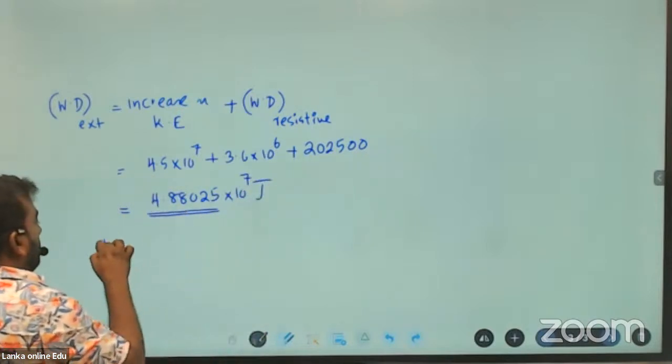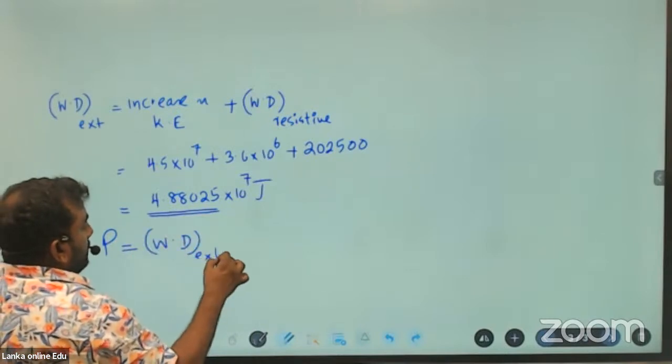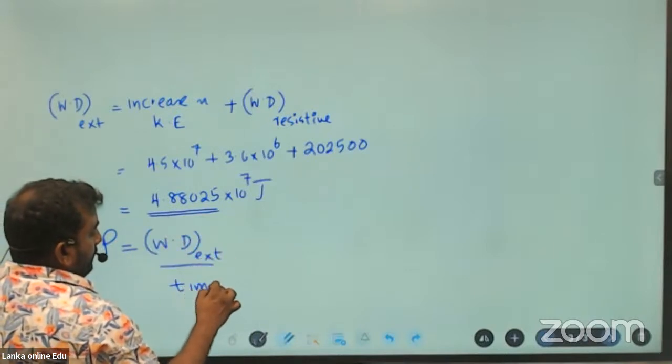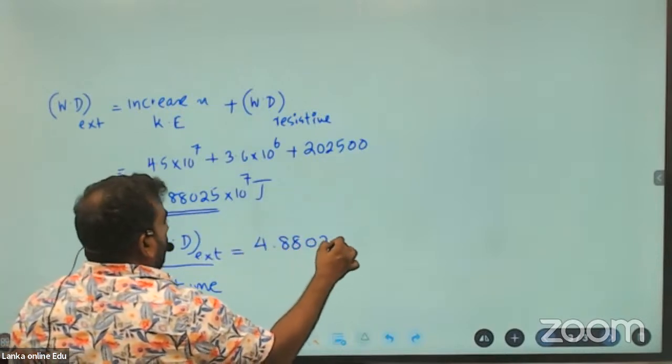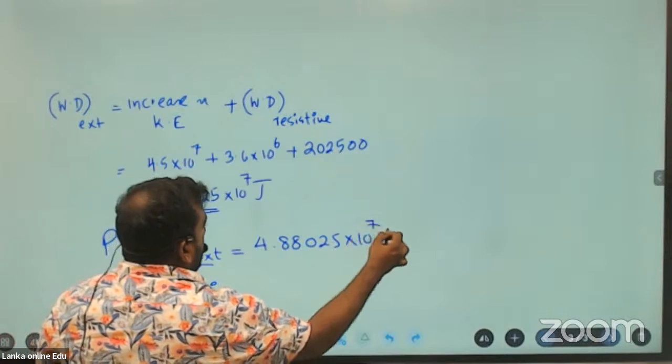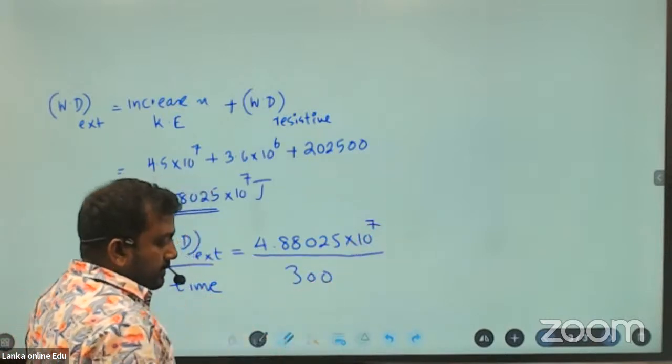So what can you say about the power? Work done by external force divided by time. 4.88025 10 to the power 7, whole thing divided by 300 seconds.